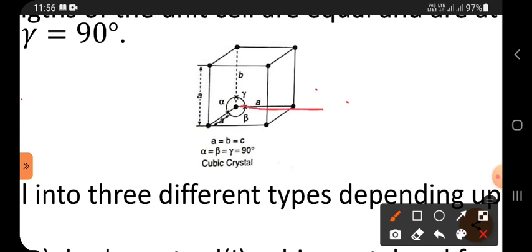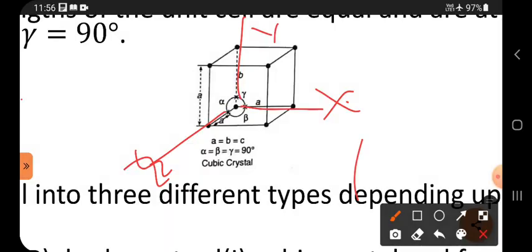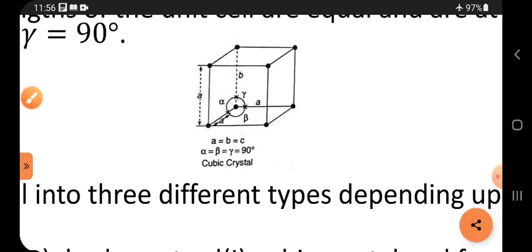Let this be the x-axis, this is the y-axis, and this is the z-axis. Alpha angle is taken exactly opposite to the x-axis, beta angle is taken opposite to the y-axis, and gamma angle is taken opposite to the z-axis. Like this you have to take.